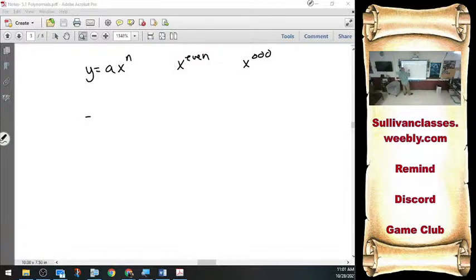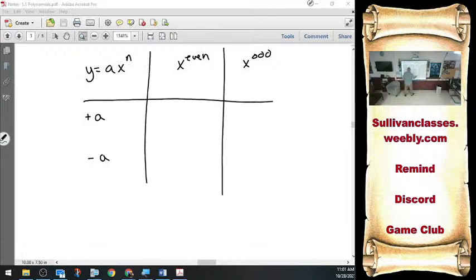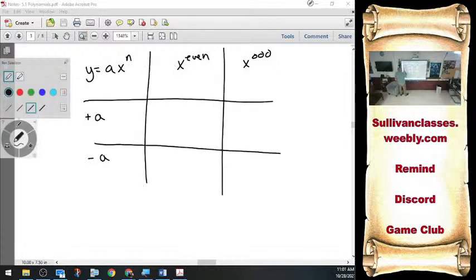I'm doing a much smaller, less detailed version. Just the end behaviors.